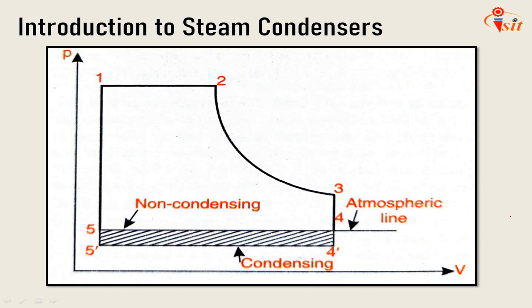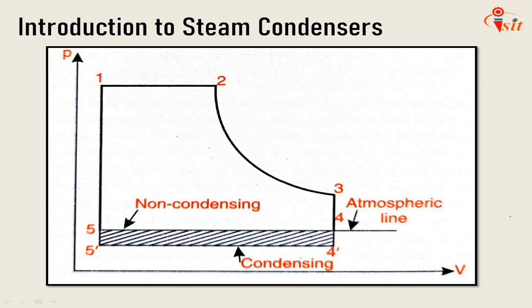A condenser is a device in which vapor condenses to liquid phase at saturation temperature and constant pressure. During condensation, the working substance changes its phase from vapor to liquid and rejects latent heat.